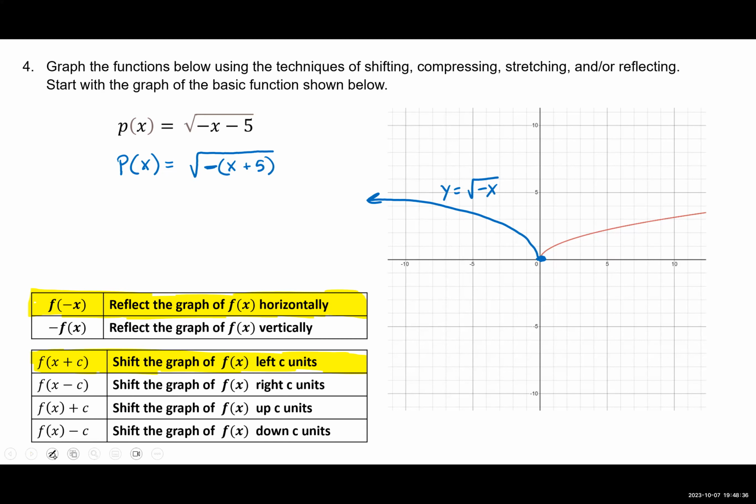So our final answer here is going to start with the point -5, 0, because we started with the point 0, 0 on the red graph, reflecting the graph over the y-axis.